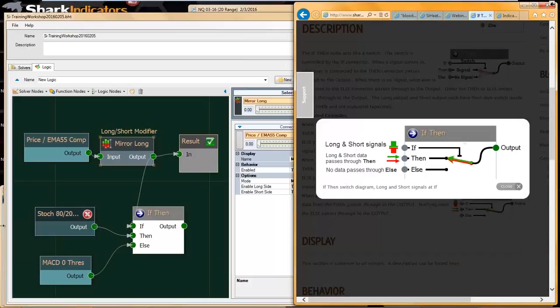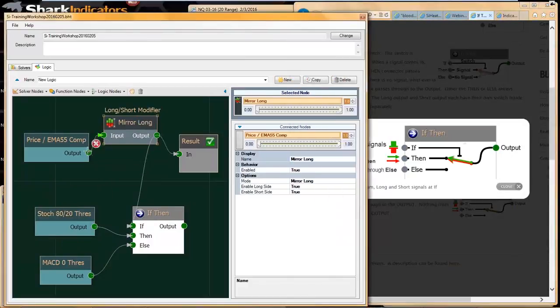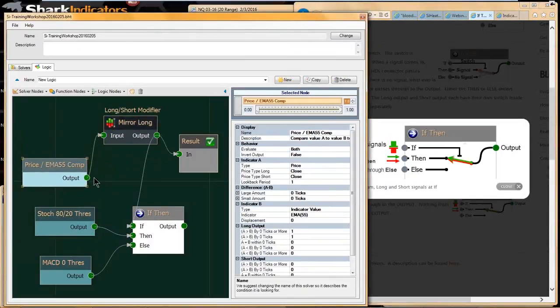All right. So John, hopefully you got the answer to your question about what solver to use for price above or below moving average.